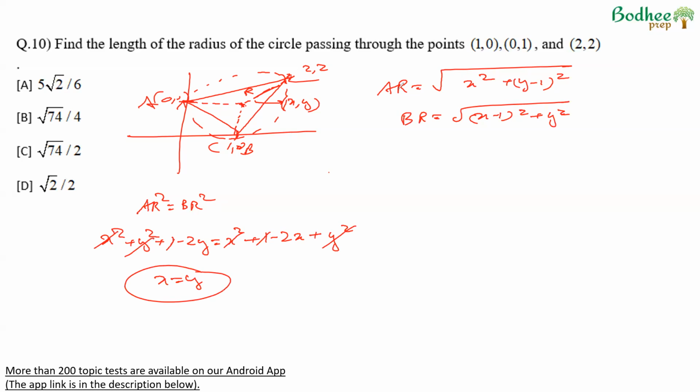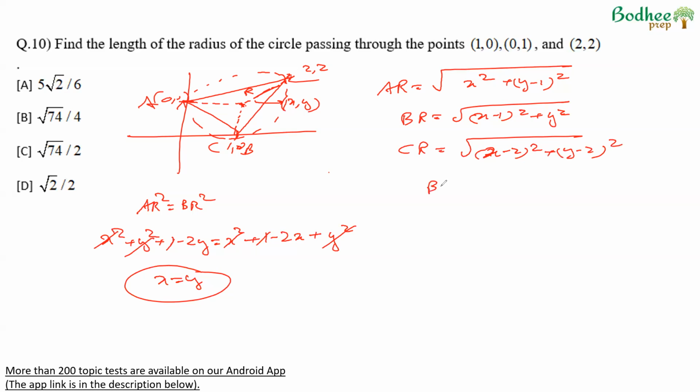If x is equal to y, and we find the length of CR, this will be (x minus 2) square plus (y minus 2) square.